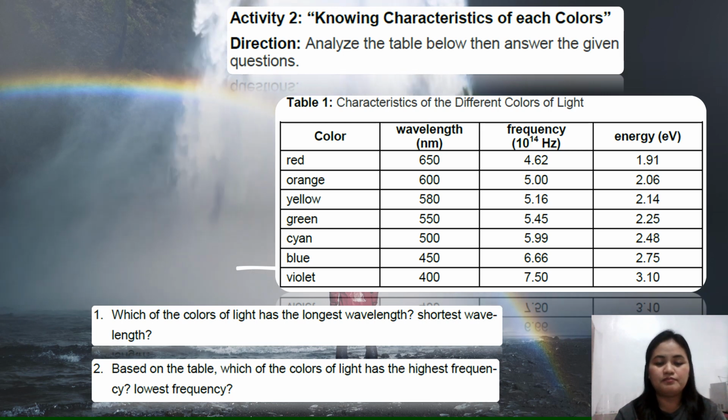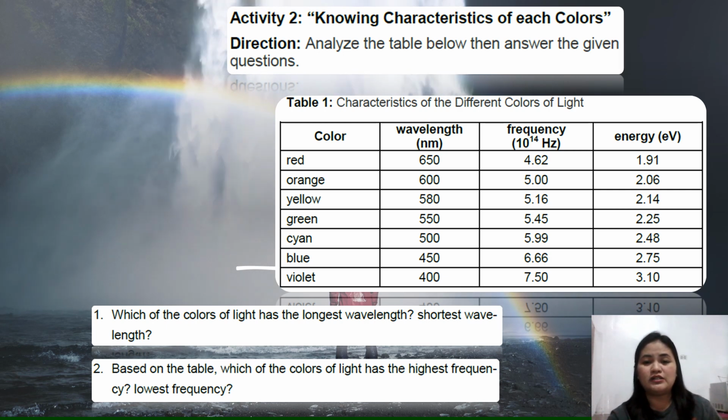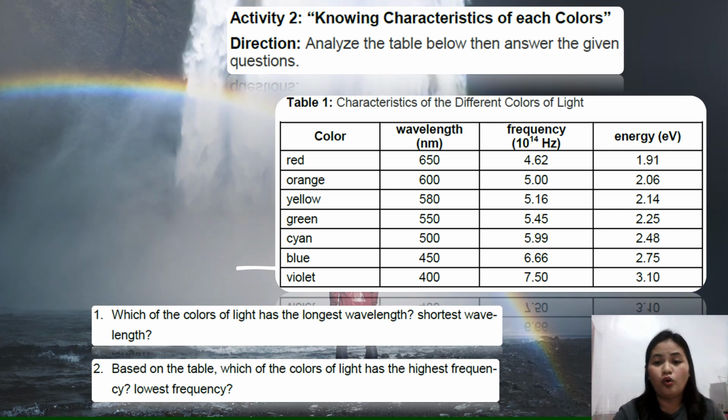Number 2, based on the table, which of the colors of light has the highest frequency? O, di punta ka naman sa third column, frequency, highest daw. O, this table, from red to violet, is arranged from lowest to highest frequency. Which has the highest frequency? Red, having 4.62, or violet, having 7.50.